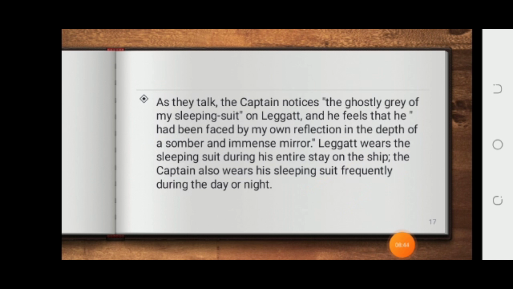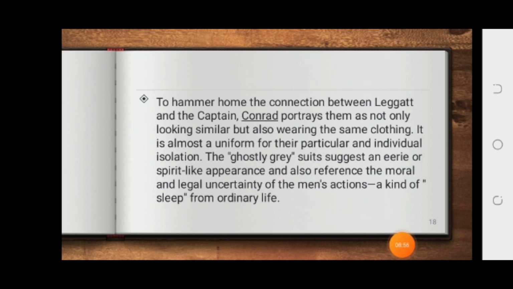So Leggett wears the sleeping suit, and during his entire stay on the ship, the captain also wears his sleeping suit frequently, both during the day and the night. So, to hammer home the connection between Leggett and the captain, Conrad portrays them as not only looking familiar but also wearing the same clothing.